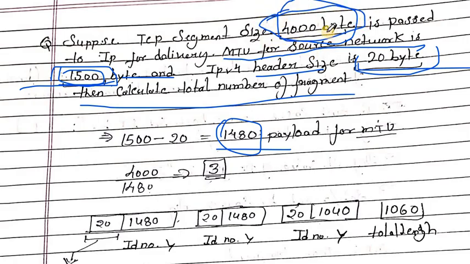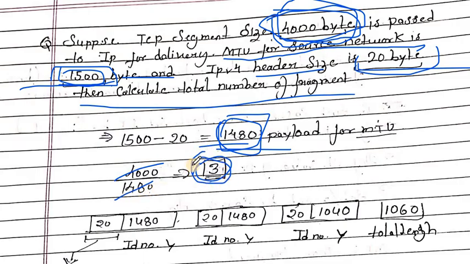Now this 4000 byte packet is divided into parts whose size equals the payload size of 1480. So if we divide 4000 by 1480, we get the ceil value 3.